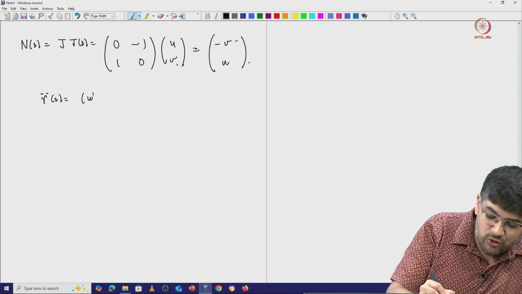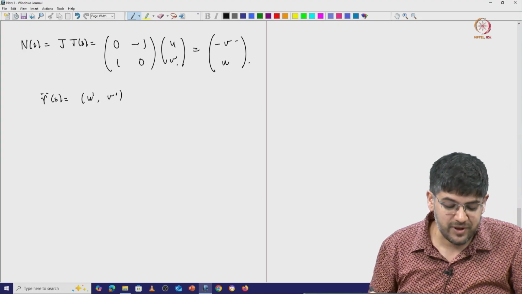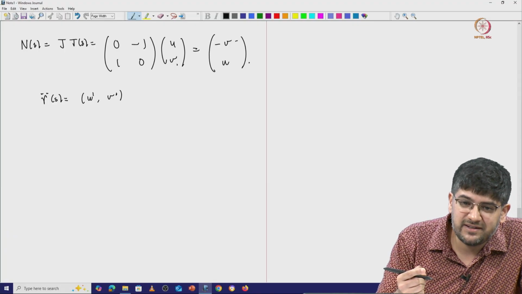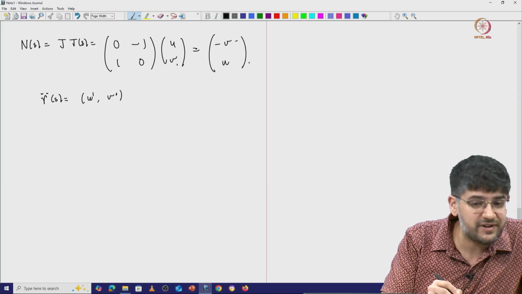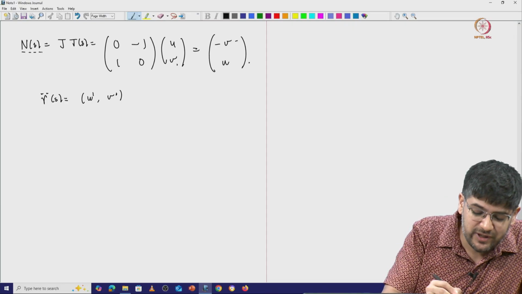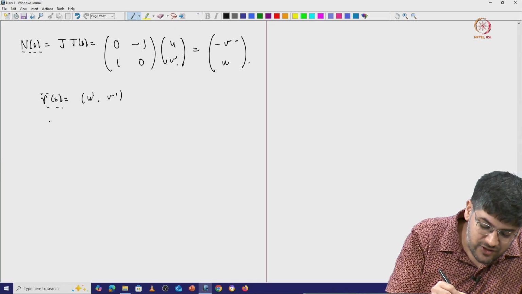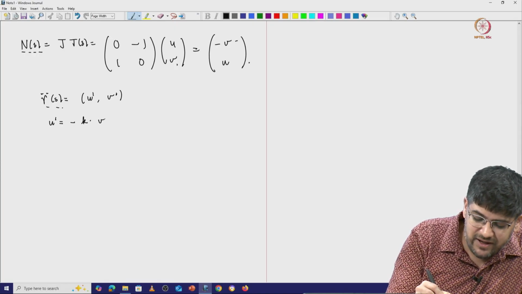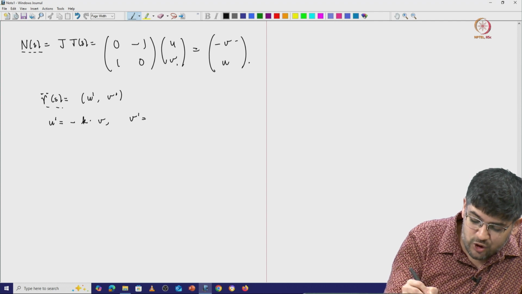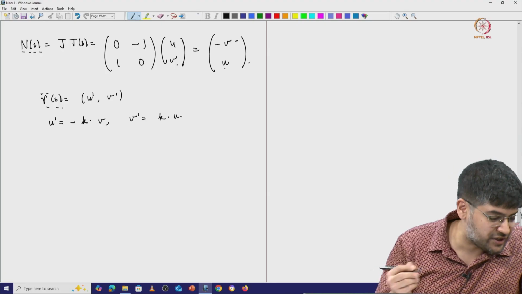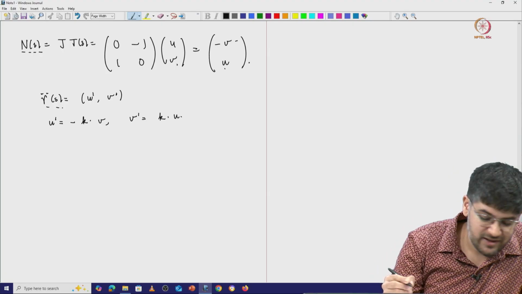That is simply (u prime, v prime). So remember how we defined the signed curvature. The signed curvature k was simply what you need to multiply N of s with in order to get the acceleration. So that means u prime was minus k times v and v prime ought to be k times u, by the definition of what the signed curvature is.